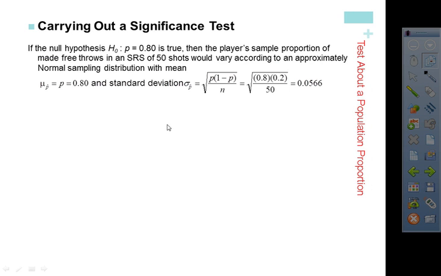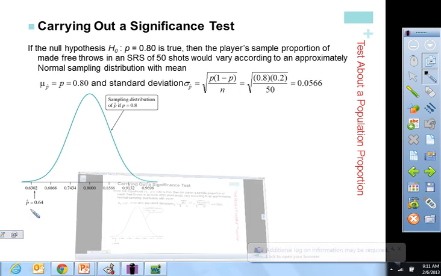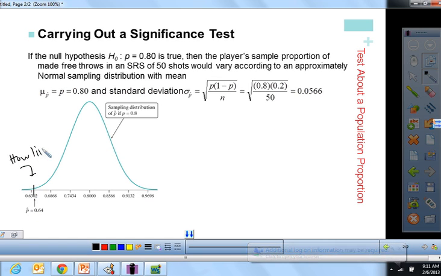So here's our mean and our standard deviation with our curve drawn, and then we show that the p-hat, what he actually got from our sample, falls right here. And so what we want to know is how likely is this to have happened? How likely could this just have happened by chance? Because this is where he says it should be, with what the standard deviation should be with the null being true.